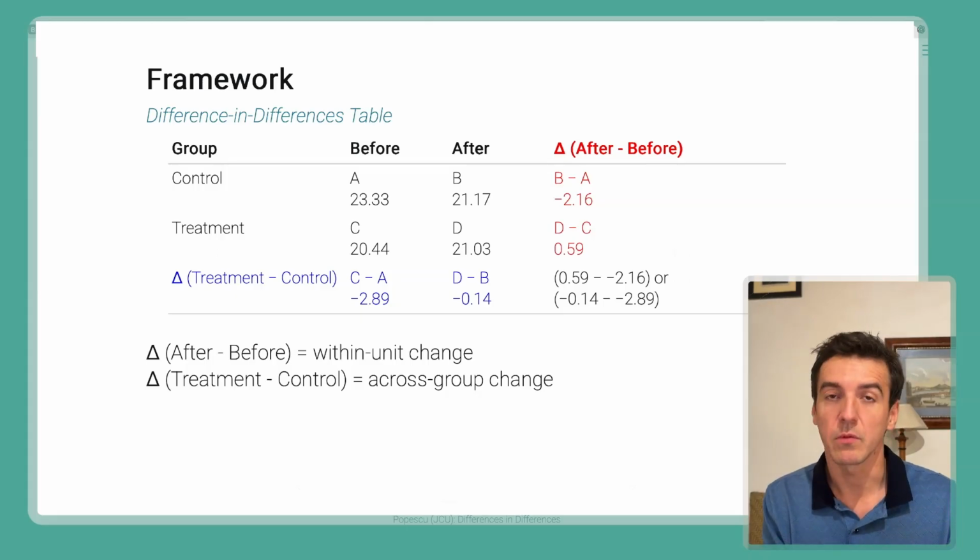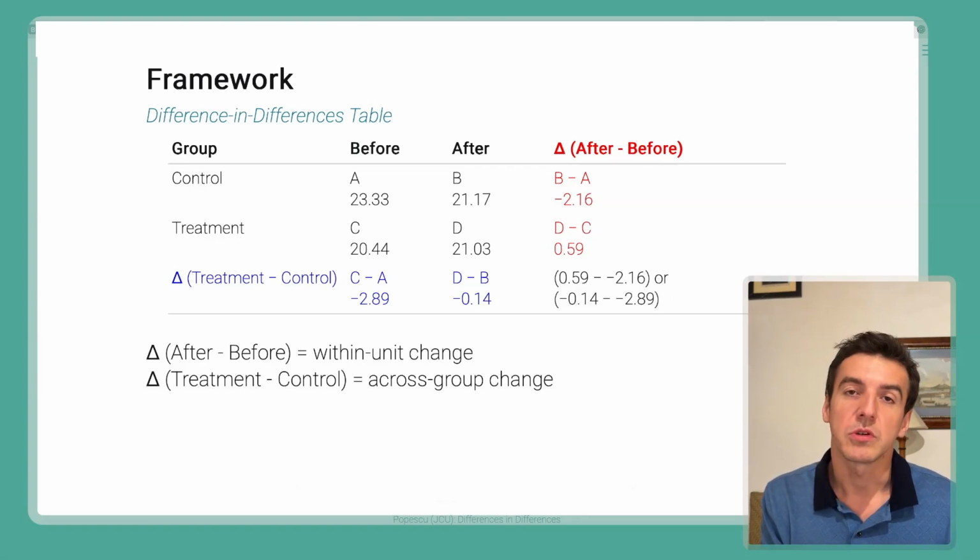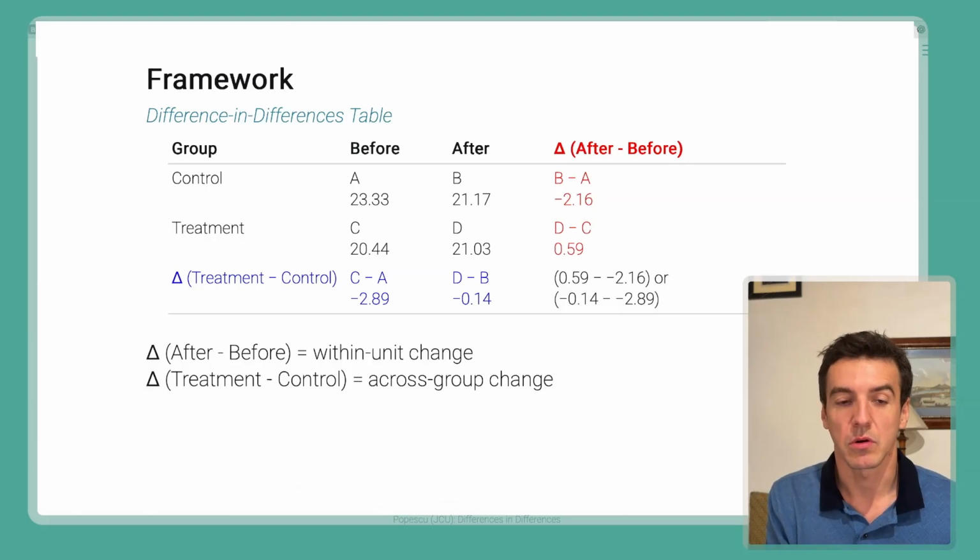But remember that within the control group, within Pennsylvania, there is no change in the minimum wage law. In the treatment group, which is the New Jersey group, we have 20.44 jobs per restaurant before the minimum wage law, and then we have 21.03 jobs per restaurant after the implementation of this policy.